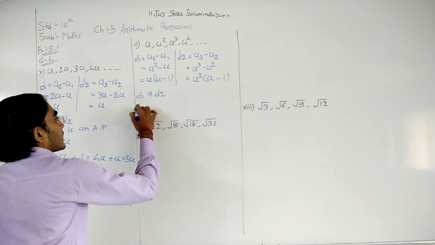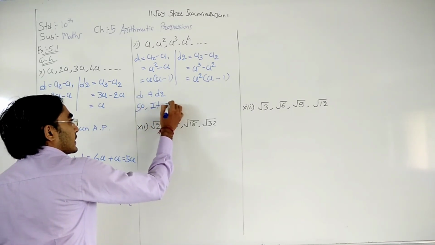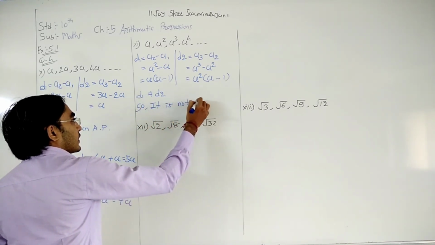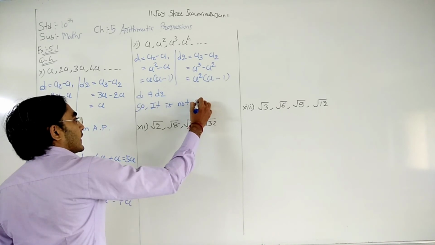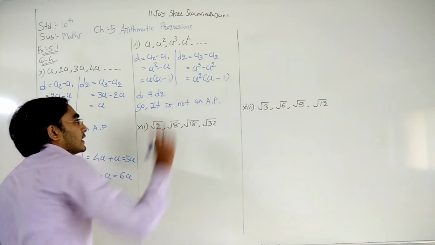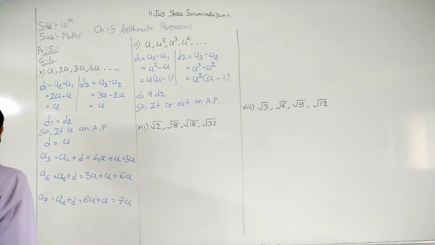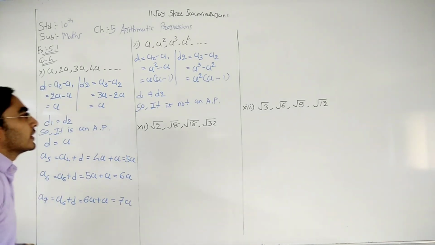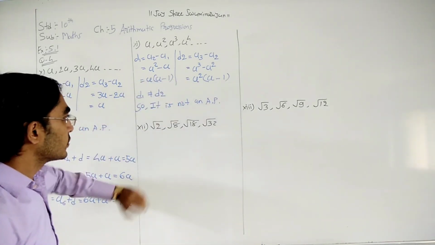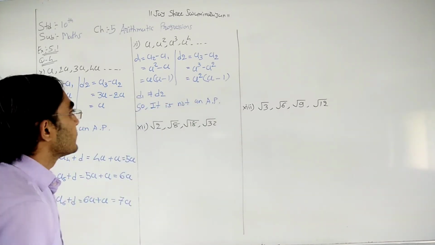That's why it is not an AP. Here we do not get the same common difference. D1 is not equal to D2, so it is not an AP.